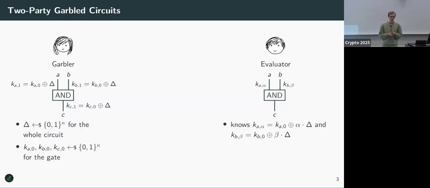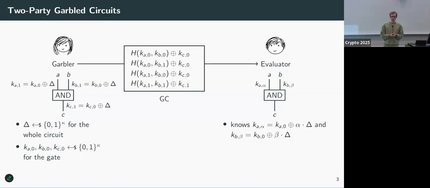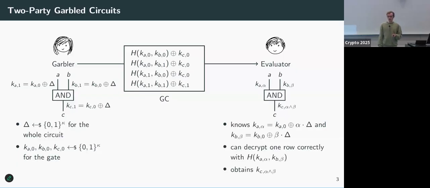And to do this, the garbler prepares the garbled circuit, which is an encryption of the right output label key, encrypted using the right input wire keys. And then, since the evaluator only has exactly the keys for one row in this circuit, he can decrypt this row correctly and then obtain the right output label, in this case, KC of A and B.